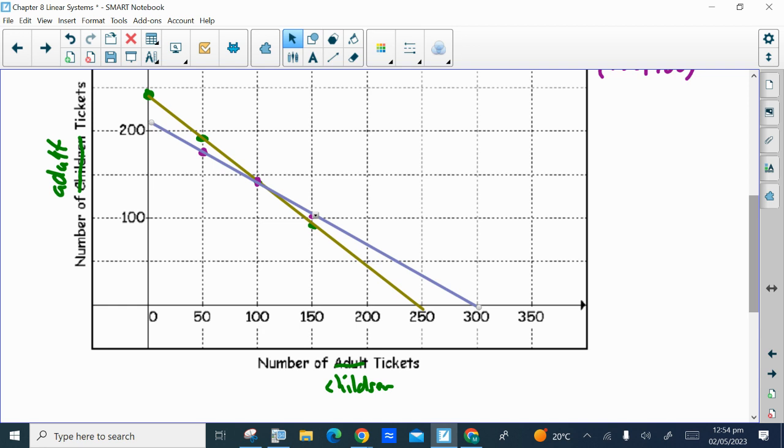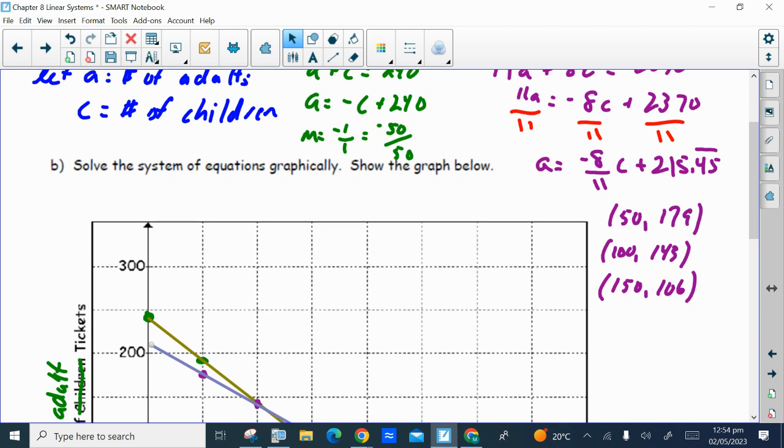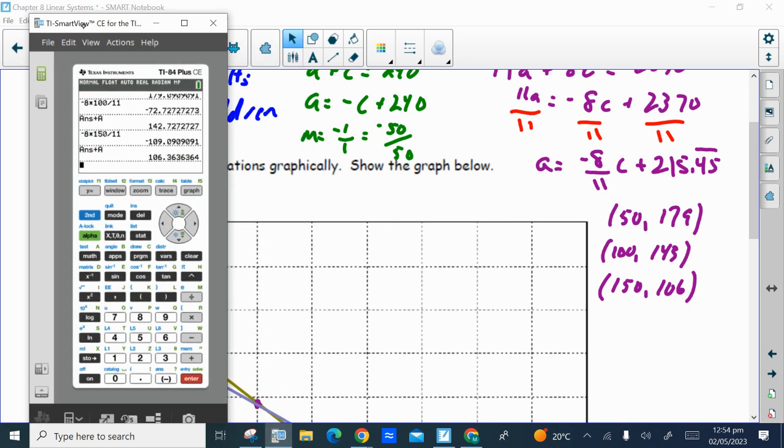And the point of intersection appears to be where C is 100. But to be sure, I'm going to use the graphing calculator in this case. I'm going to put the two equations into the calculator.